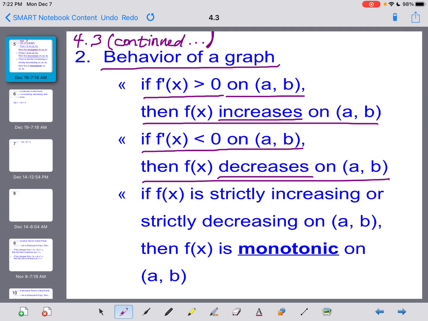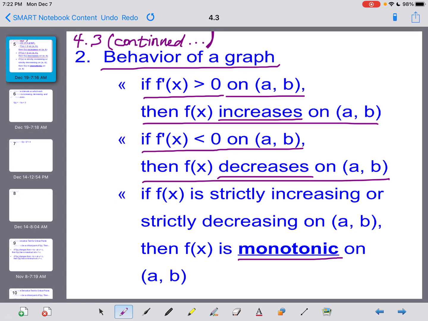The third statement right here, to be honest with you guys, is really not very important in the grand scheme of things, but this is where your author introduces the definition of the word monotonic. Okay, and in speech, everybody, the word we would use is monotonous, monotone. When everybody talks in the same tone of voice for the whole time and they don't have any inflection, that is a monotone speaking voice.